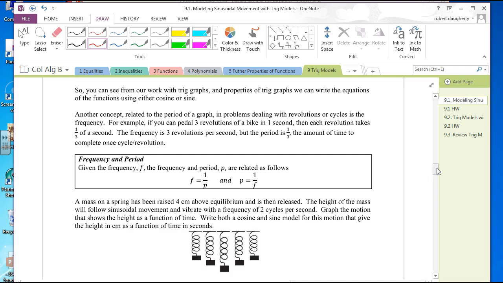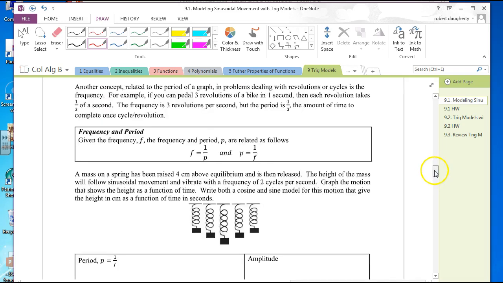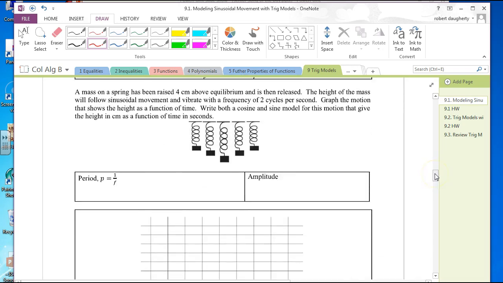For example, if I can do 10 laps around this building in an hour, then 1/10 is going to be the period, so 1 over the frequency. Anytime you have a problem that has frequency, remember the period is going to be 1 over that number. So let's take a look at a few examples.